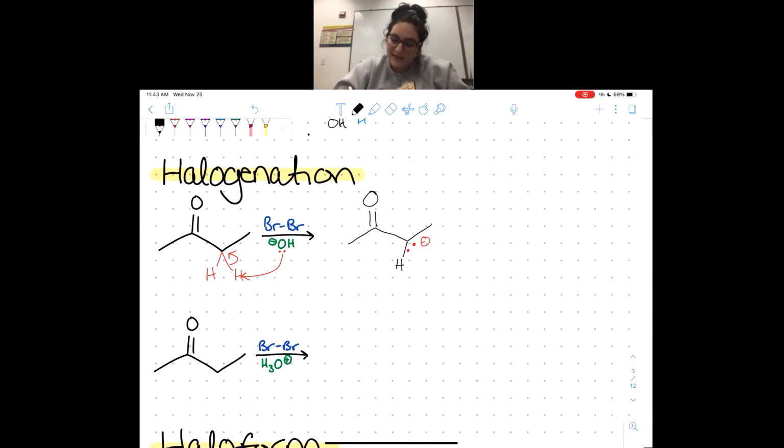So in this case, now we have Br2. And we have the negatively charged alpha carbon, right? And we already said that we're going to add a bromine to that alpha position. So what do you guys think the next step is going to be?